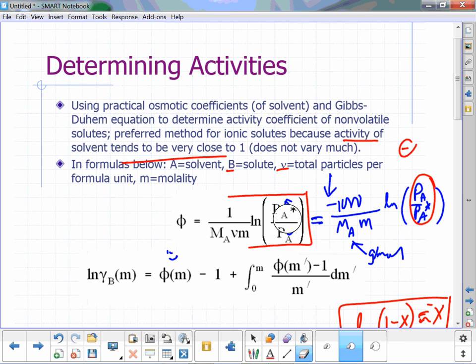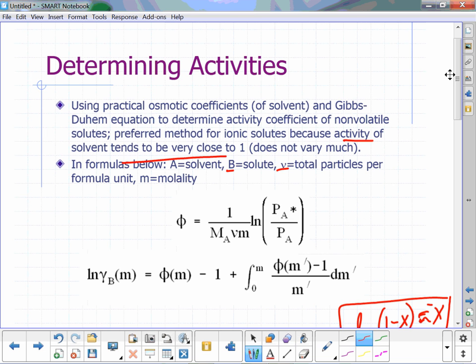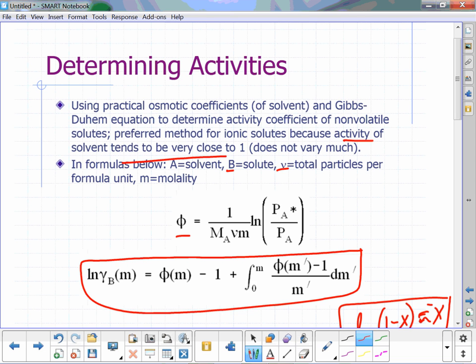If you can calculate the practical osmotic coefficient, then you can apply the Gibbs-Duhem equation and figure out this formula: ln of gamma of your solute, the activity coefficient of your solute, which depends on its molality, is equal to its osmotic coefficient at that molality minus 1, plus this integral, phi minus 1 over m dm, from m equals 0 to m equal to whatever molality you're interested in.